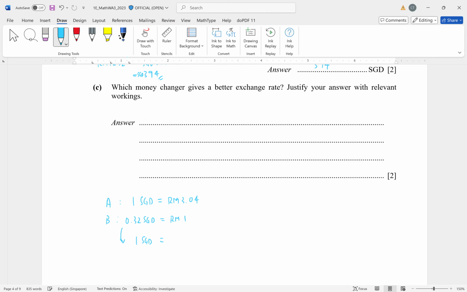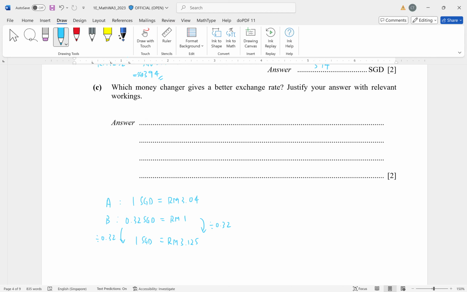One very common technique is just to divide by the same number. 0.32 divided by 0.32 will give me 1. Whatever you do on the left hand side, just do the same thing on the right hand side. So 1 divided by 0.32 will actually give me 3.125.